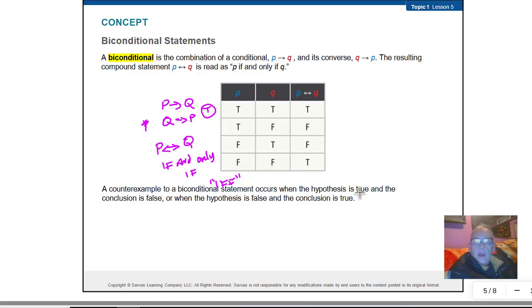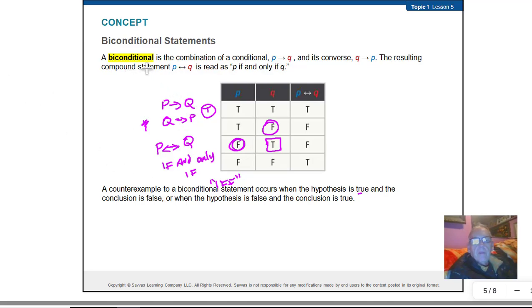When the hypothesis is true and the conclusion is false, this is where we find our counterexample. But if the hypothesis is false and the conclusion is true, that could also be a counterexample that would cause a statement to be false.